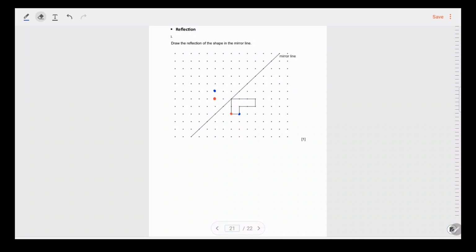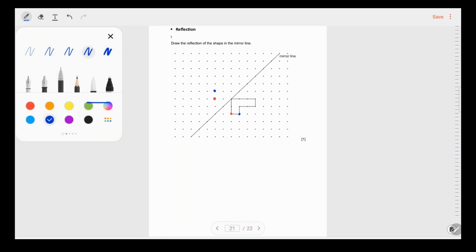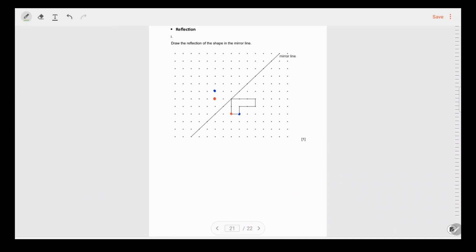Then we do this again for all of the points, depending on how good you are at reflecting. You can either reflect a few points or you can reflect all the points. So here again it's 1.5 to the mirror line. So we move half and 1.5 away from the mirror line.